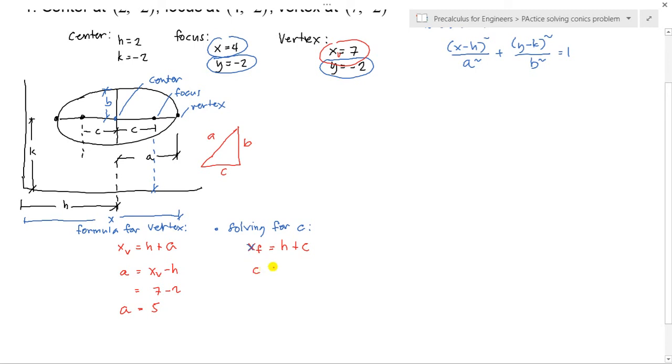So solving for c, that is xf minus h. xf is 4, so that is 4 minus 2. We have c equals 2.